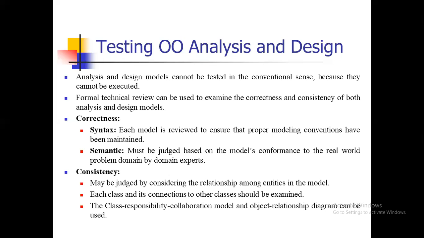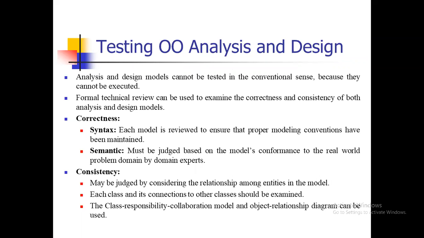Then the next one is consistency. Here, a design representation in one part is not reflected in other portions of the design, resulting in an inconsistent design model. That is how consistency is maintained. Consistency is maintained at the testing phase, so that it may be judged by considering the relationship among entities in the model.